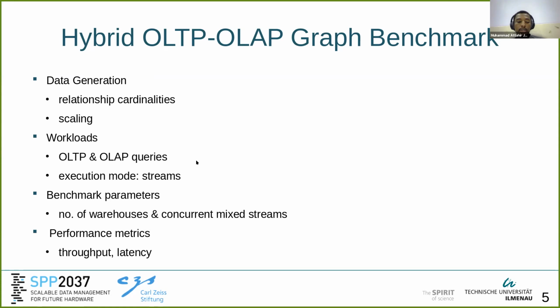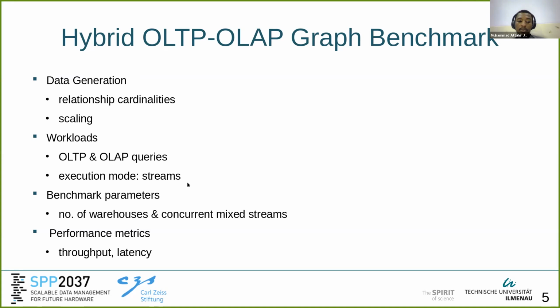The workloads: we have an OLTP and an OLAP set of queries, 5 OLTP queries, which map to 5 TPCC transactions, and 22 OLAP queries, which map to 22 TPCH queries. We used execution modes as specified by the TPC, so we have concurrent OLTP and OLAP streams.